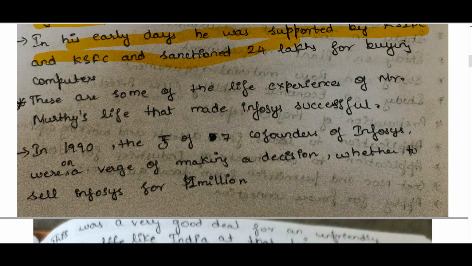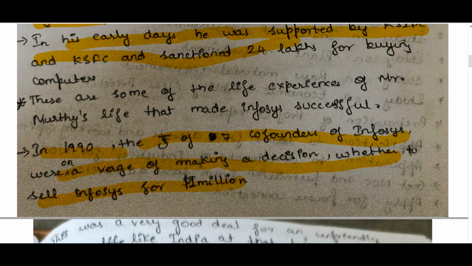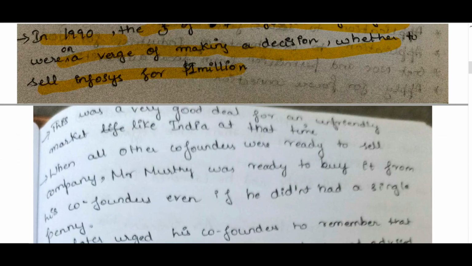There are some experiences of Mr. Narayan Murthy that made Infosys successful. In this essay, the most important thing is the life experience he shares. In 1990, five of the seven co-founders of Infosys made a decision to sell Infosys for $1 million.